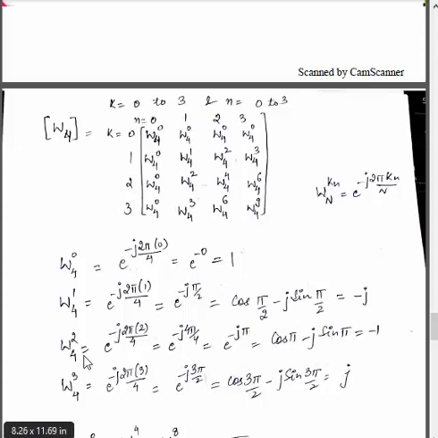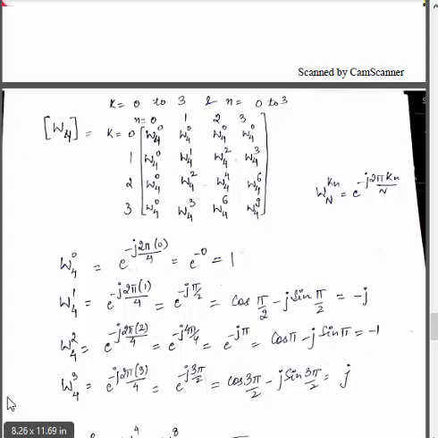Then next is twiddle factor 2. By putting kn equal to 2, it becomes e raised to power minus j 4 pi by 4, that is e raised to power minus j pi, which equals cos pi minus j sin pi. Cos pi is minus 1, sin pi is 0, so twiddle factor 2 value is minus 1.